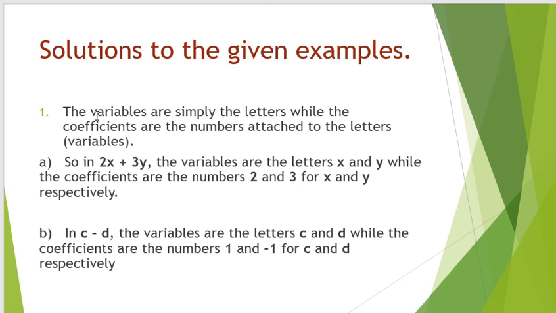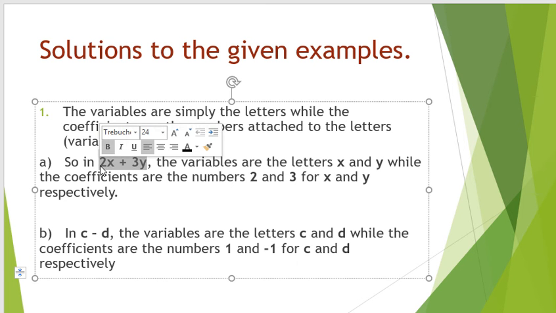When we talk of the variable, the variables are simply the letters in an algebraic expression, while the coefficients are the numbers attached to the letters or to the variables. So in this expression, 2x plus 3y, the variables are the letters x and y.